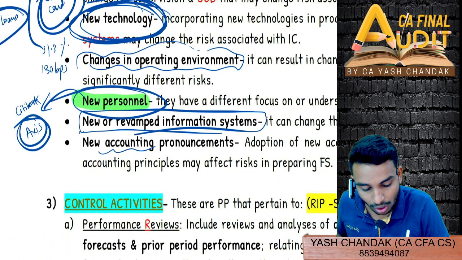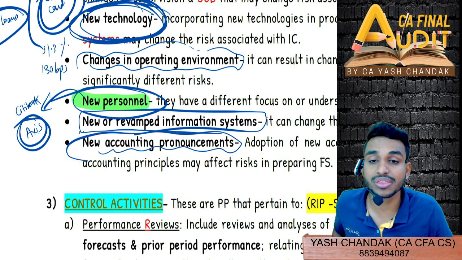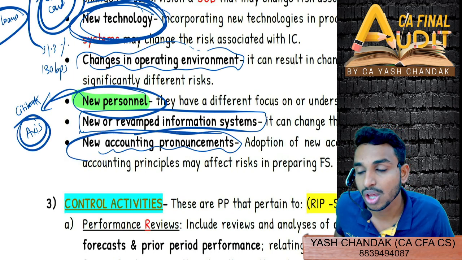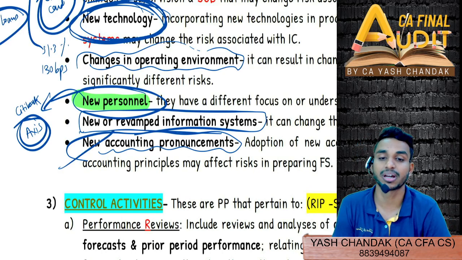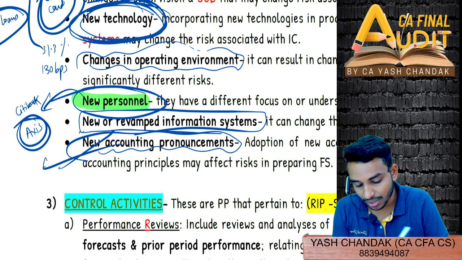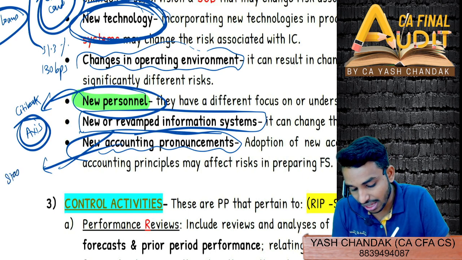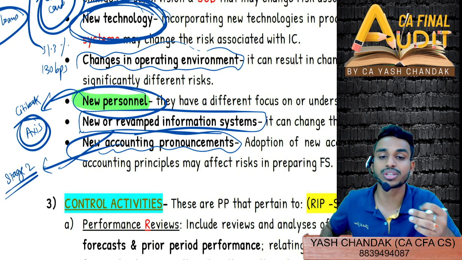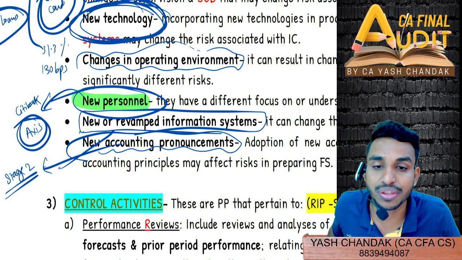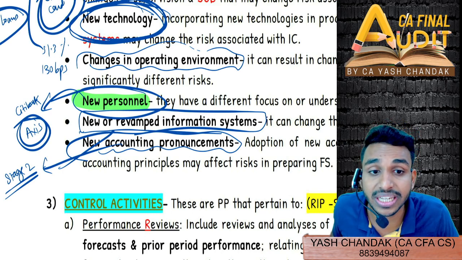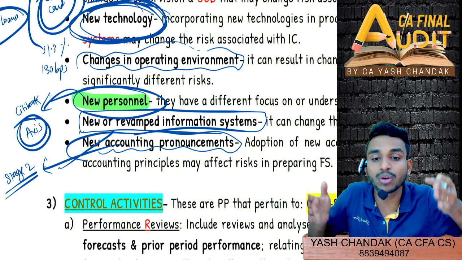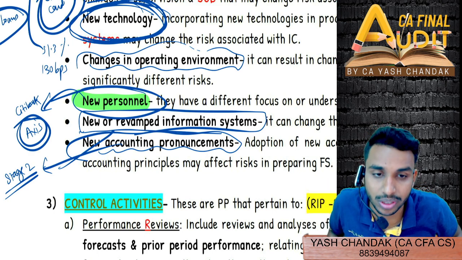Similarly, a new accounting pronouncement can also change risk, or a new risk can arise because of any new accounting pronouncement that may come. Similar to what I was telling you, like stage 3 assets. Do you remember stage 1, stage 2, stage 3? Staging-wise asset classification will be implemented from next year onwards. That means banks will be moved to the Indian accounting standards, Ind AS. Till now they are preparing financials as per AS only.